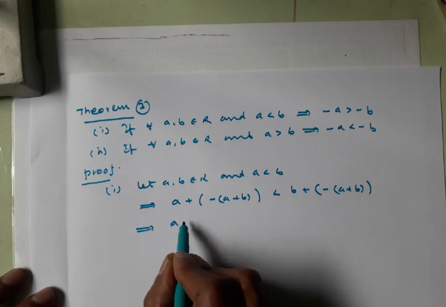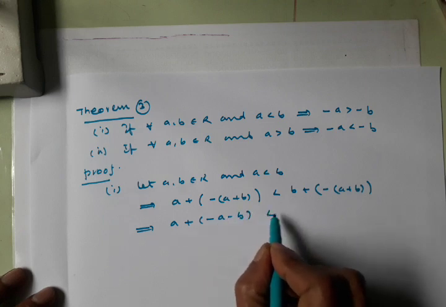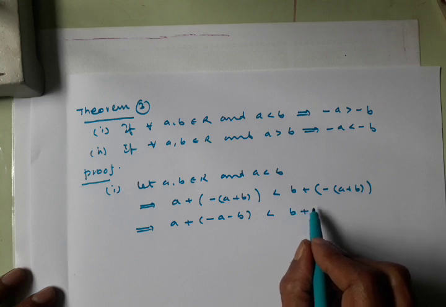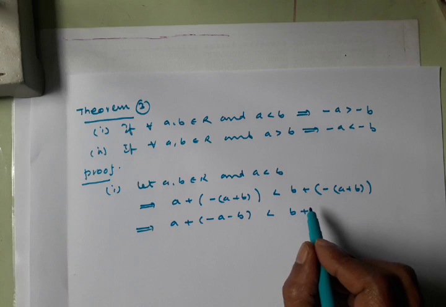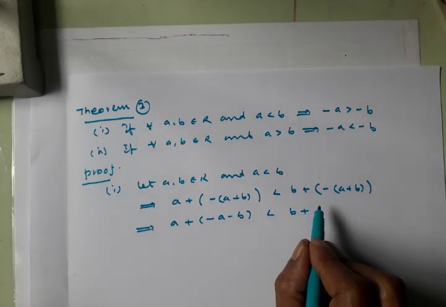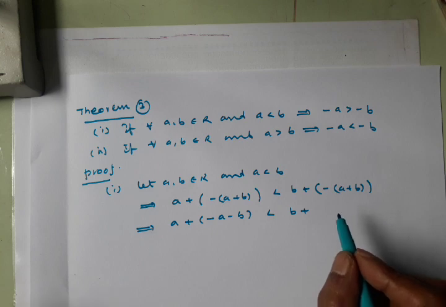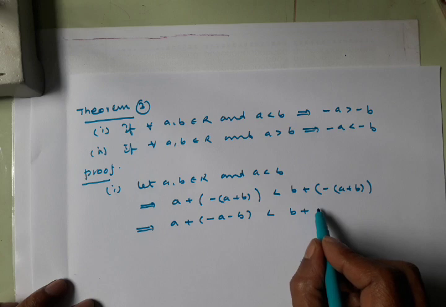a plus of minus a minus b is less than b plus of, that is, as commutative we apply on the right side. So first of all we will write what it will be: minus a minus b.